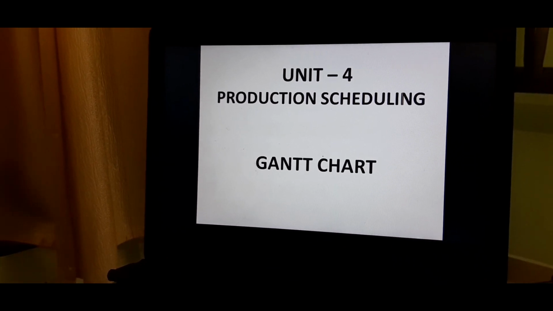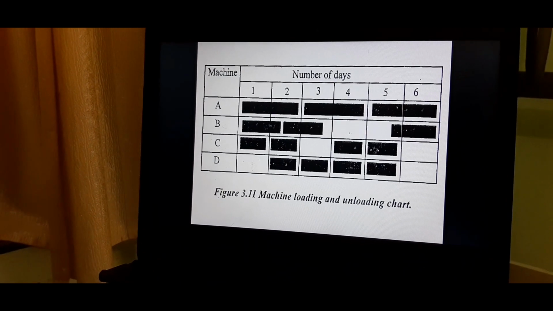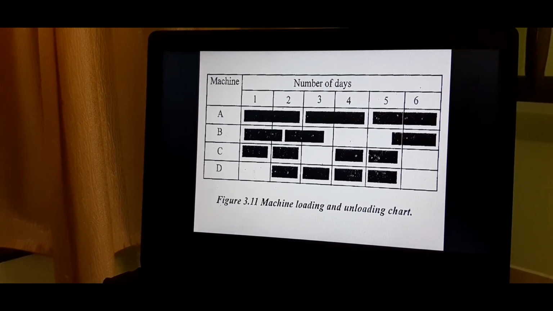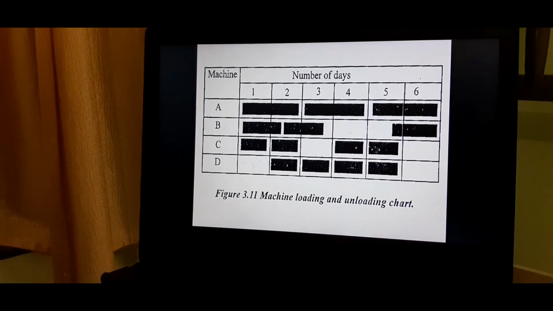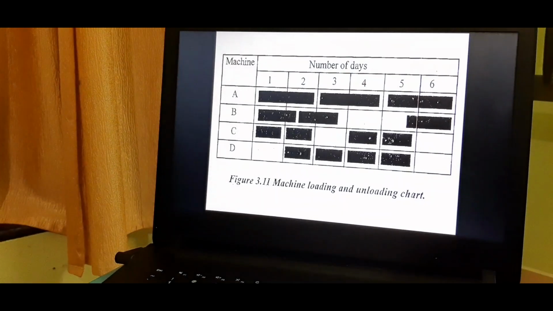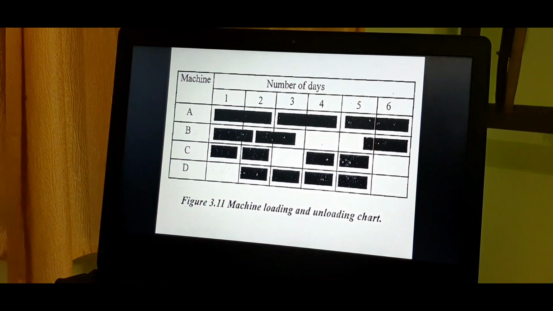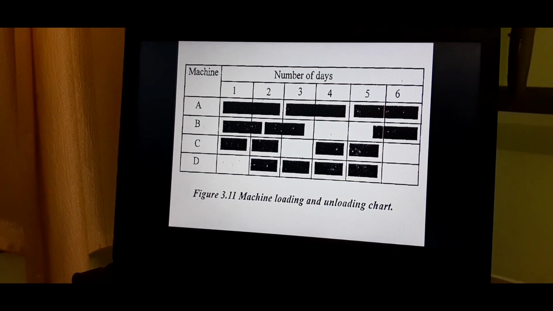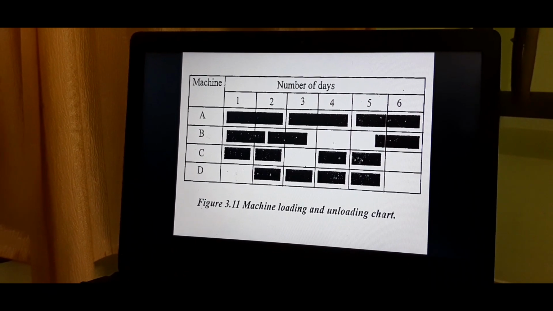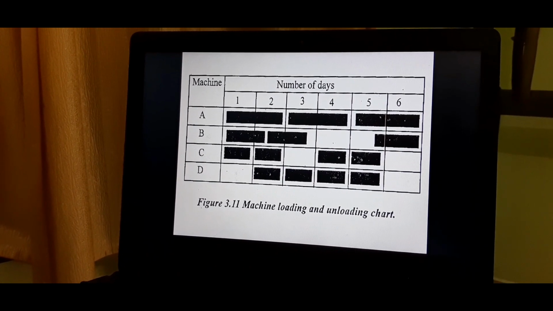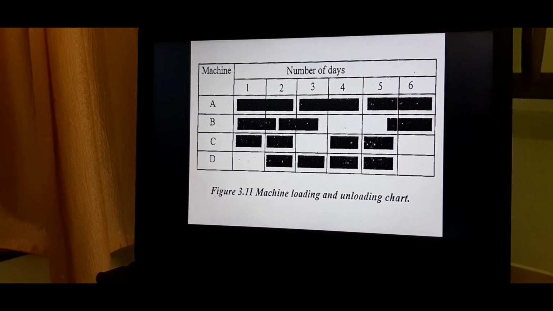Now let us see the Gantt chart sketch. The length of it represents the time taken to complete an activity. The main steps necessary to construct a Gantt chart: first point we have to remember is use the horizontal axis to represent time.